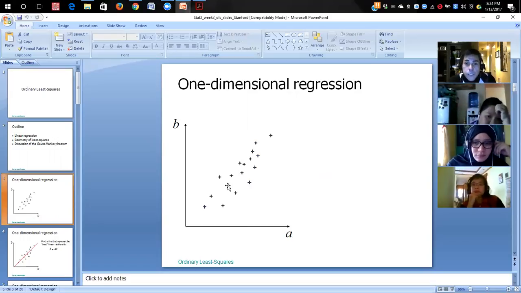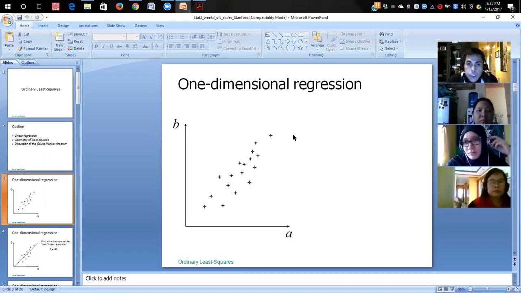So the question in the model for one-dimensional regression is: what is the relationship of patients' preferences for decision-making, for participation, to the dependent variable, which is the satisfaction versus dissatisfaction with the cancer treatment decision?